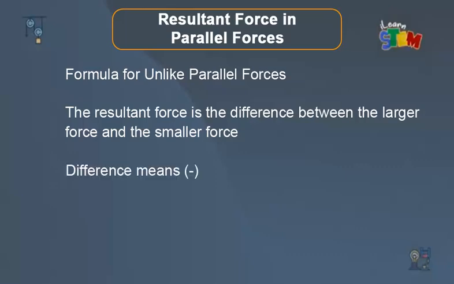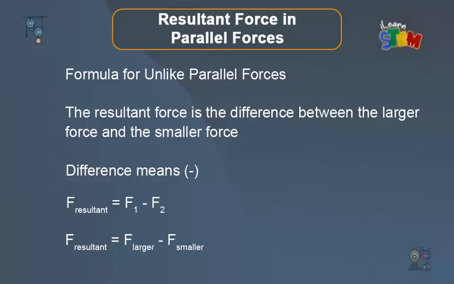Note that difference means subtraction. Therefore, to solve for unlike forces, F resultant equals F1 minus F2. It can also be stated simply F larger minus F smaller. Note that direction depends on the larger force.